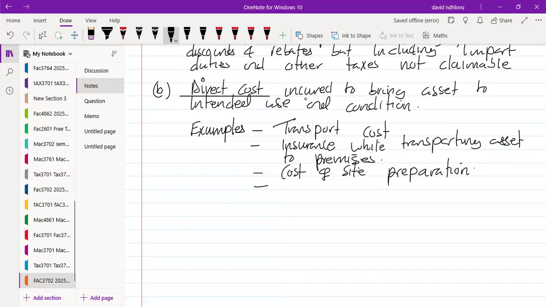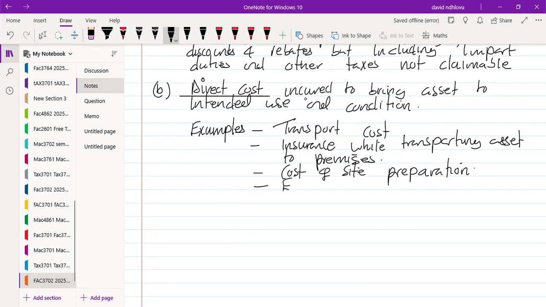Maybe you need to put a stand, or you put a stage or something of that sort, and then you place the asset on top. Or you need to change one or two things on your premises so that the place is suitable for the asset that you are buying. So those costs of preparing the site should be added to the cost of the asset.